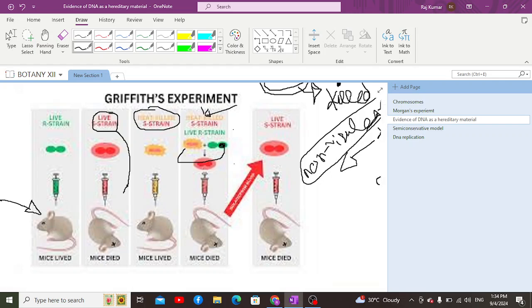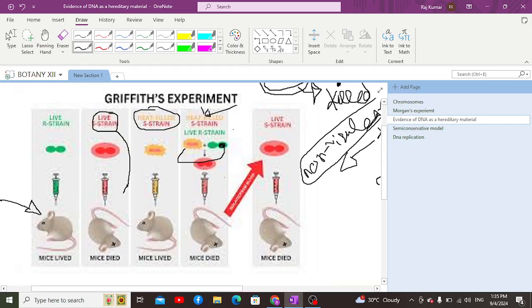The R strain was non-virulent at first, and the S strain is virulent. But the S strain is dead, so that told us there must be some transfer of material from the dead S strain to the live R strain, which caused the R strain, previously non-virulent, to become virulent as a result of ingestion of that material.